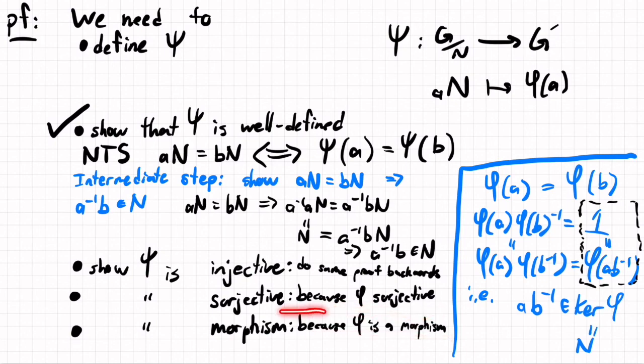But really, the way you're going to prove this is you're going to start from the fact that phi is surjective. Look at the definition of psi. Phi is in the definition of psi, and because of that, this will tell you that psi is actually surjective. And same with the morphism property. The proof will be extremely similar.